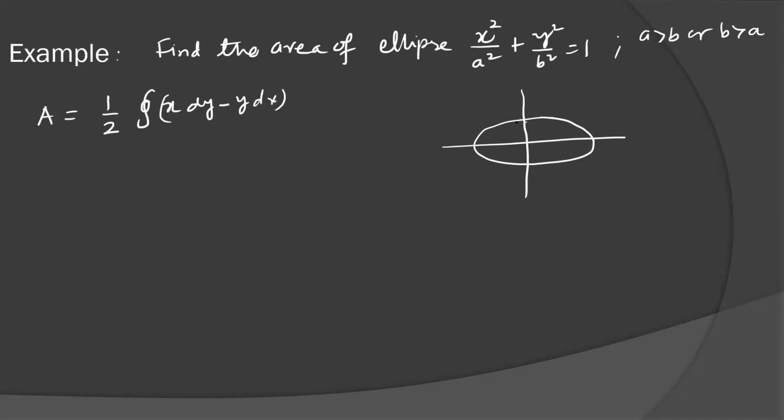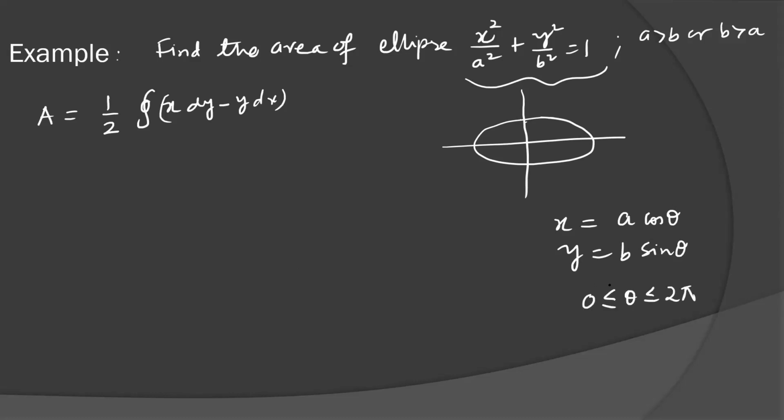Now, for solving any circular region or elliptic region, even parabolic, hyperbolic, parametric coordinates are the best tool. So what are the parametric coordinates of this ellipse? x equal to a cos theta and y equal to b sin theta. I hope you all know that. And theta lies between 0 to 2 pi. So if you use these parametric coordinates, then theta will be your variable.